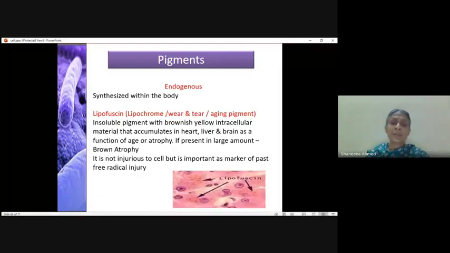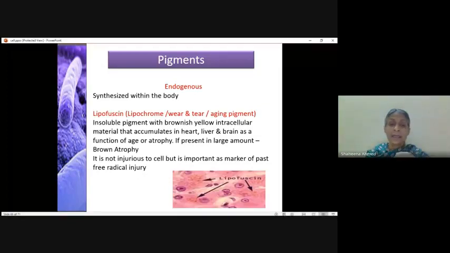Now, endogenous lipofuscin, this is the wear and tear or aging pigment. It is an insoluble brownish yellow pigment, and it accumulates in the heart, liver, brain, and usually it is seen as a person ages or some atrophy starts.